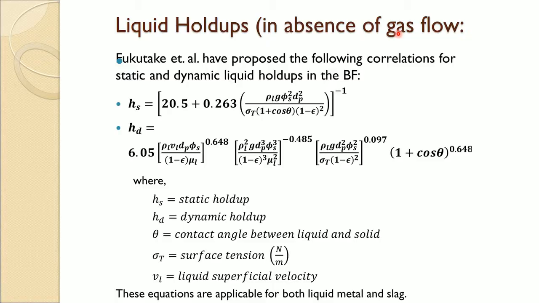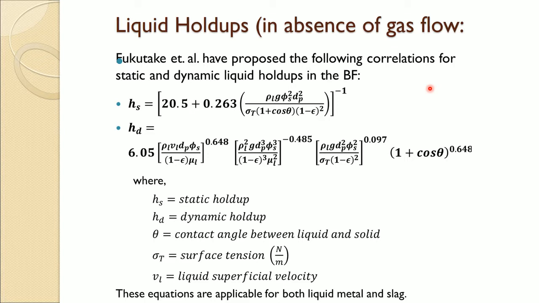Now, this is in absence of gas flow, but once we start the gas, the situation changes, as you have seen in the previous video. When the gas flow starts, the liquid gets displaced, and not only that, even the static hold up, which is sitting just in between the voids, is affected.